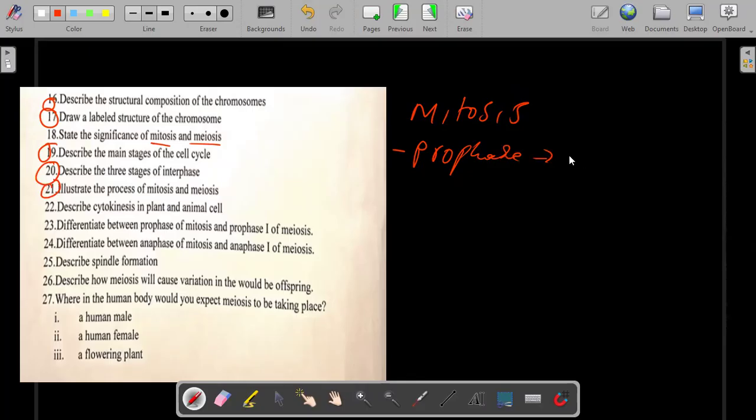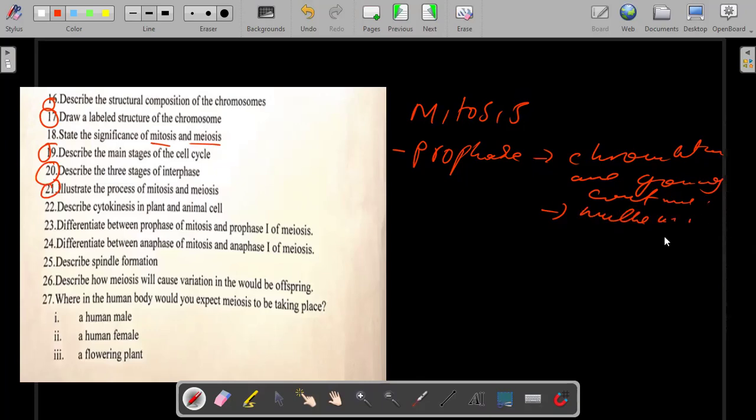So in prophase, we are going to see the chromatin condense. They're going to be visible, so you're going to have visible chromosomes there. Then you are also going to see the nuclear membrane break down, so the nuclear membrane will disappear.